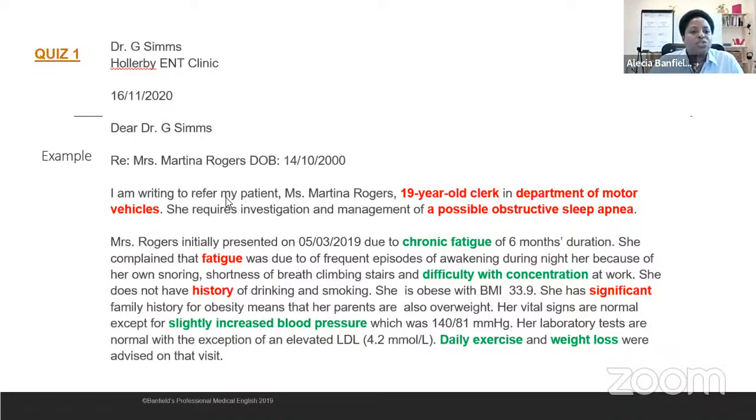I am writing to refer my patient, Ms. Martina Rogers, 19-year-old clerk. Question, should there be an article in front of that or not? And if there is an article, what kind of article? I'm going to give you a few seconds to type it in.